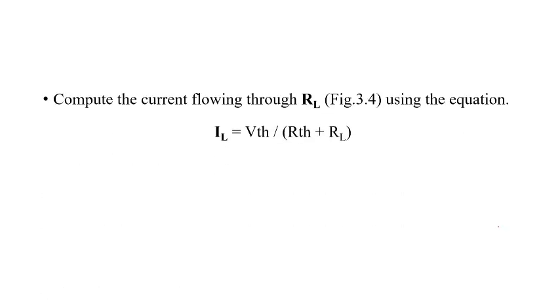And lastly, when you have the value of VTH and RTH, you are going to follow the instructions and put them onto the equivalent circuit. So you are going to compute the current flowing through RL in this equivalent circuit.